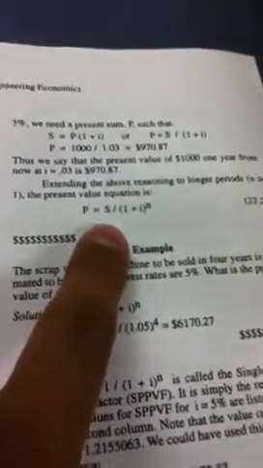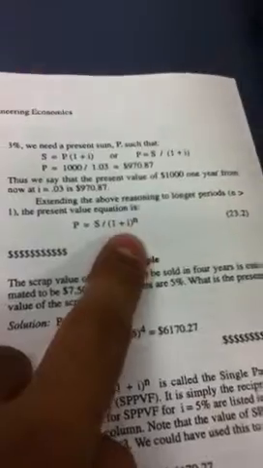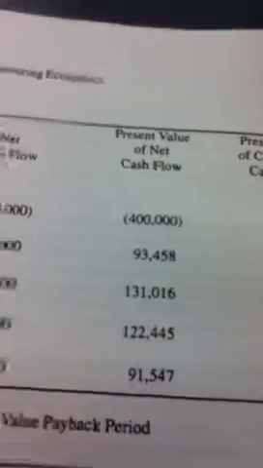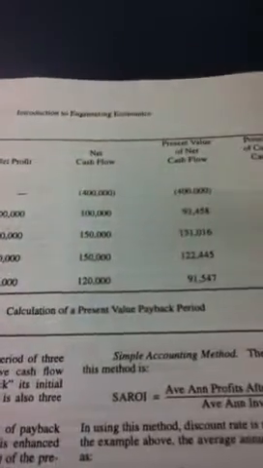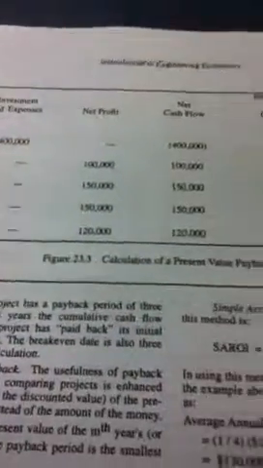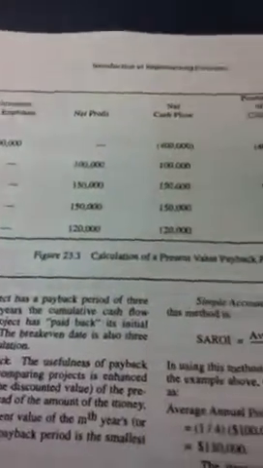We can use the 100,000 and find the present value for that, which is on page 8. For 100,000, it is worth today 92,000. 150,000 at the end of 2nd year, its present value is 131. And this 150 at the end of 3rd year, its present worth is 122. And the 120,000 present value is 91.